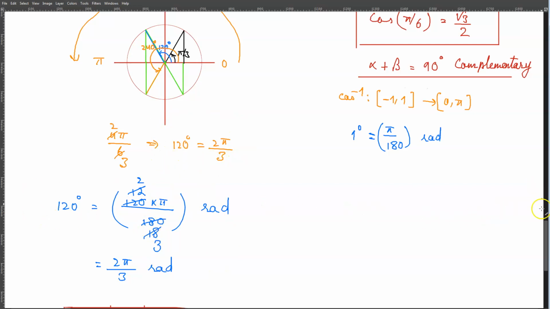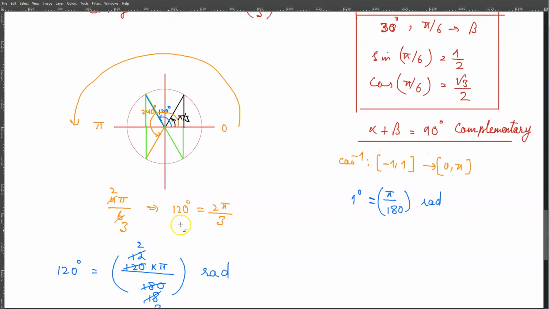Now, another way that you can use in order to convert the same angle is, for example, I know that my angle is 120 degrees. So 120 degrees means that I have a 30-degree angle here, another 30-degree angle here, another 30-degree angle here.